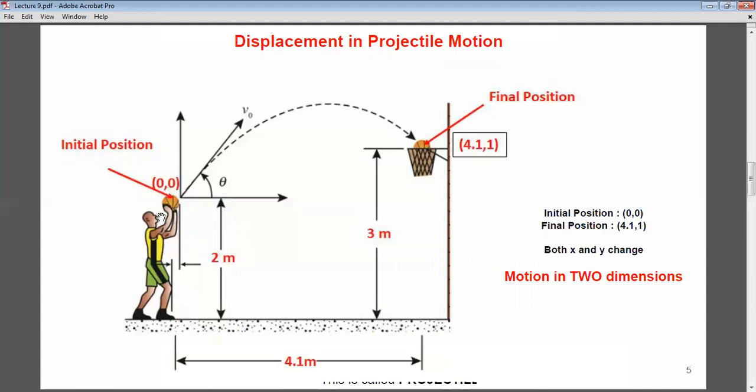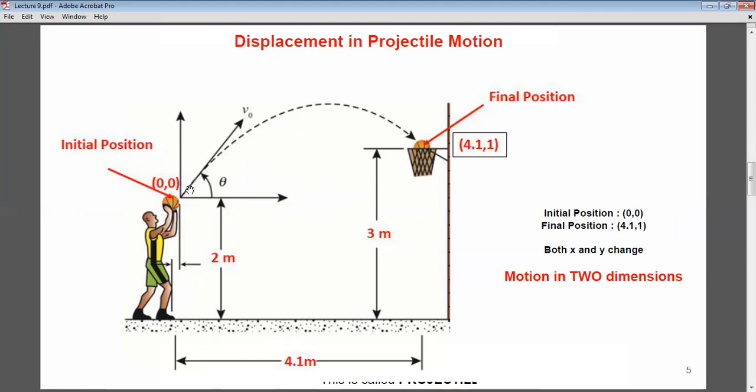This also happens when a basketball player wants to shoot his ball into the basket. He has to do it with an initial velocity and an angle that will allow the ball to go from the initial position to the final position. If we look now at the initial position, we can just say it's 0, 0, and it hits the basket at position, for example, 4, 11.